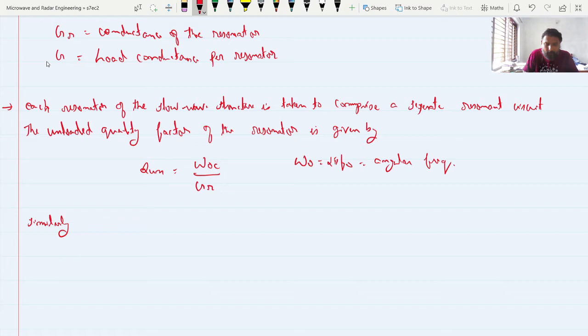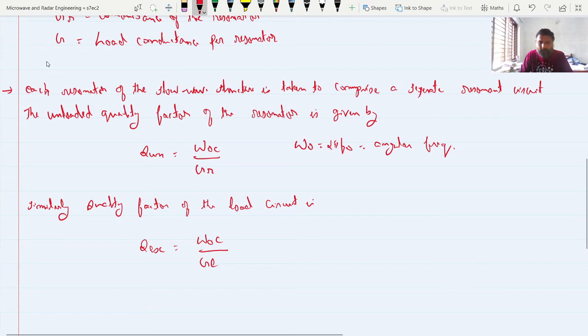Similarly, the quality factor of the load circuit, the external quality factor, is given by Q external equals omega naught C divided by G suffix L, where GL is the load conductance.